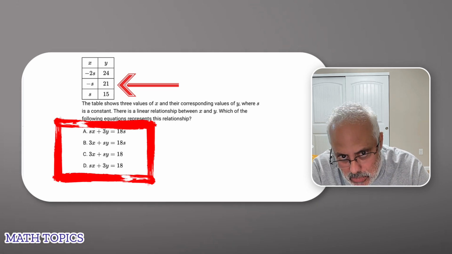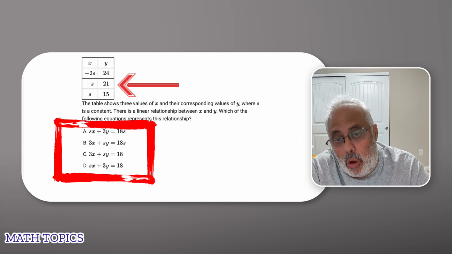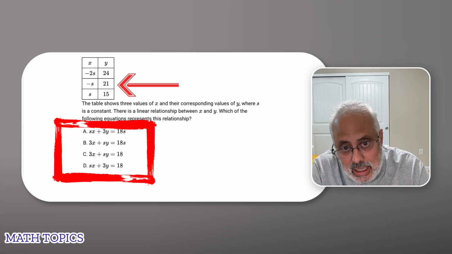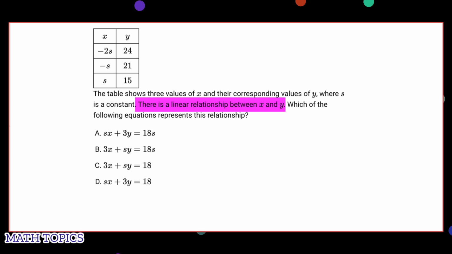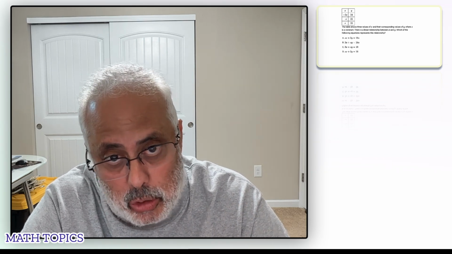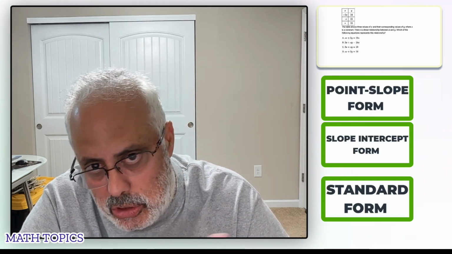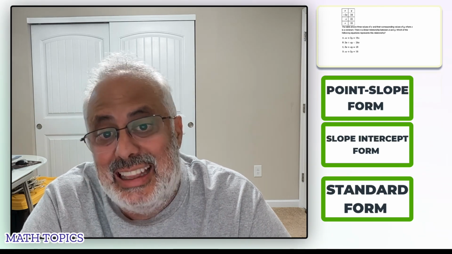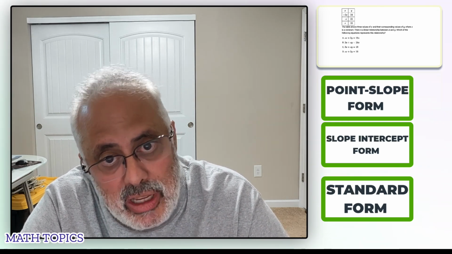All of them are equations of a line, because the question itself says that there is a linear relationship between x and y. When that happens, we have to think in y equals mx plus b, or y minus y1 equals m times x minus x1, which is point slope, and the standard form, which is ax plus by equals c.